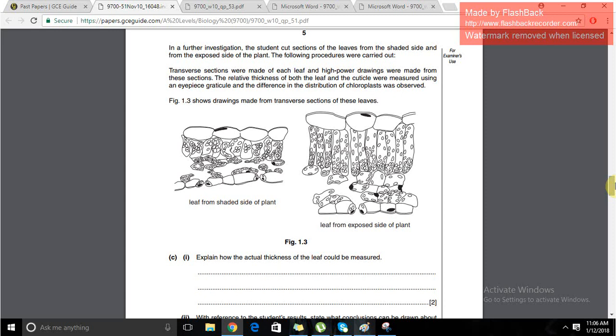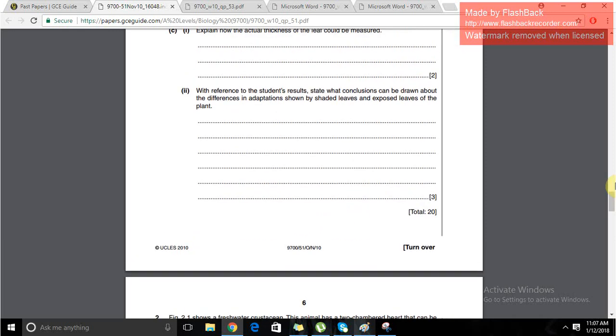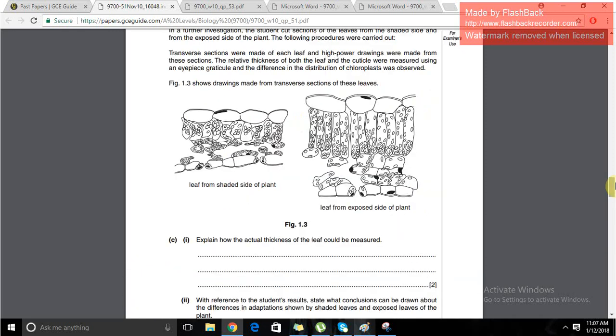that the cuticle is visibly thicker for the leaf from the exposed side of the plant. And what could be the reason for it? We'd conclude that perhaps the difference in exposure means a difference in the amount of water lost, and a thicker cuticle is what would be preventing said water loss.